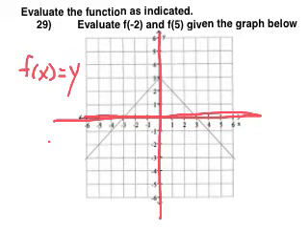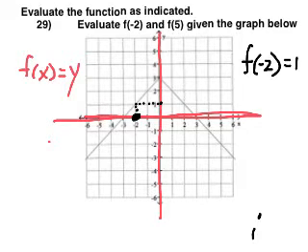So we stick in an x. In this case, we're going to stick in negative 2 right here. And what does the function do to it? Well, let's find out. At negative 2, the function is right here. The function's value at negative 2 is 1. So f of negative 2 equals 1.